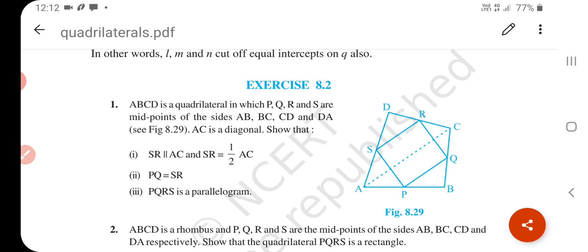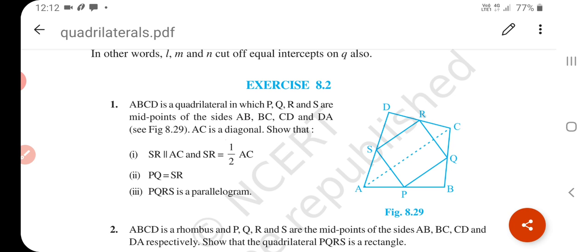If we see triangle ADC, S is the midpoint of AD and R is the midpoint of CD. We know that the line segment joining the midpoints of any two sides of a triangle is parallel to the third side and equal to half of it. So SR is parallel to AC, and SR is equal to 1 by 2 AC by the midpoint theorem.